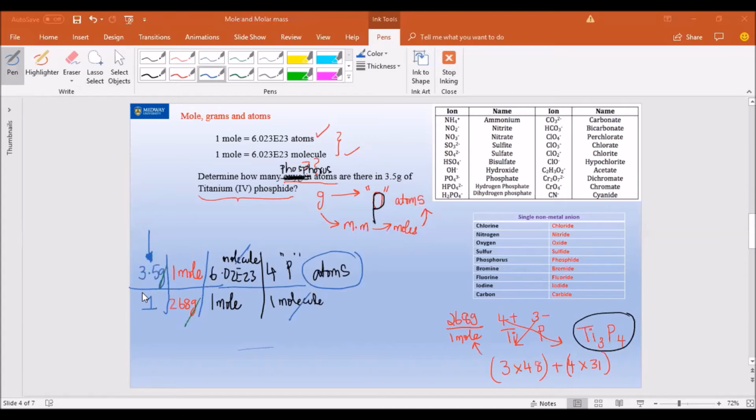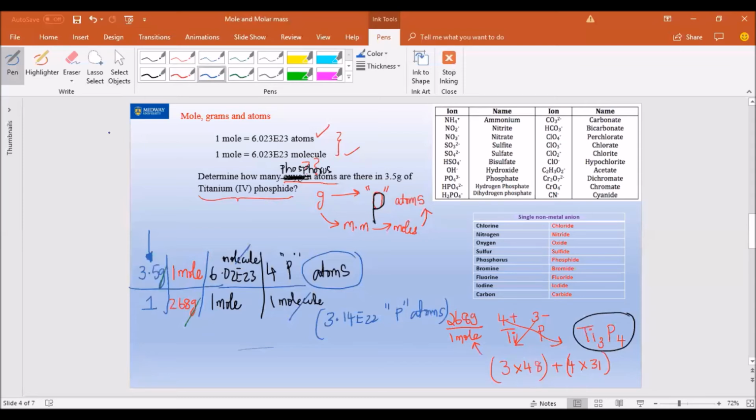So I hit the second and then the double E once and then enter 23, hit enter. Now multiply by 4 and hit enter. There we go. So 3.14 e to the 22. So 3.14 e to the 22 phosphorus atoms is what we have. Imagine, that's a lot of atoms, right?